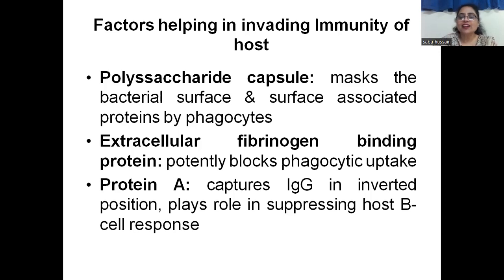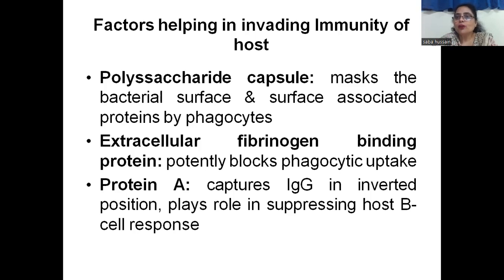So this bacteria is wearing a mask and entering inside the body and fooling the immune system. Another thing which this bacteria has is extracellular fibrinogen binding protein, and this also has the potential to block phagocytotic uptake. This protein, present on the bacterial surface, is avoiding phagocytic uptake.